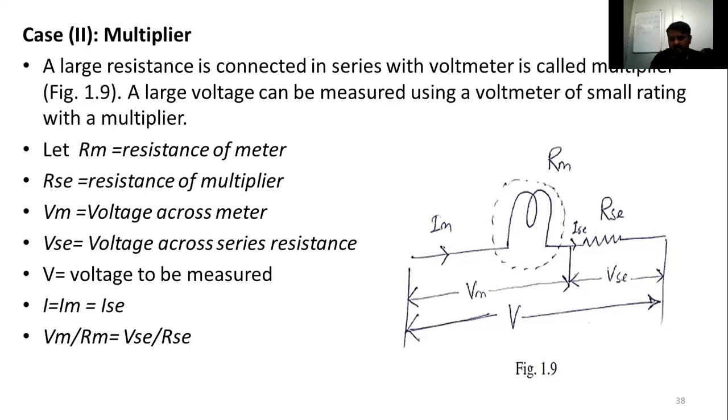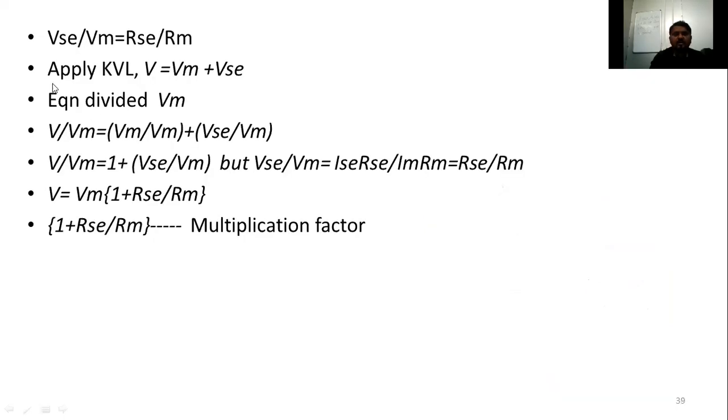So apply KVL, V equal to Vm plus VSC. Total voltage equals meter voltage plus voltage across the series resistance here now.